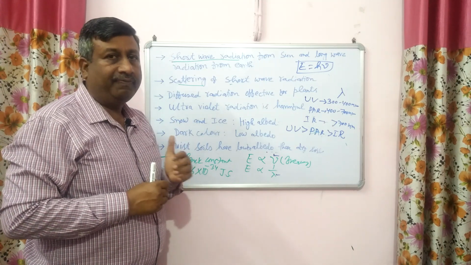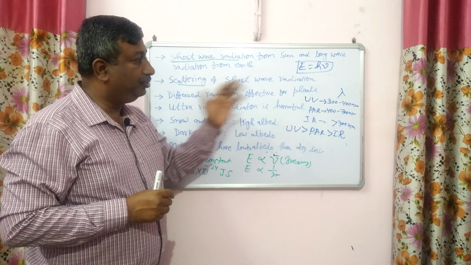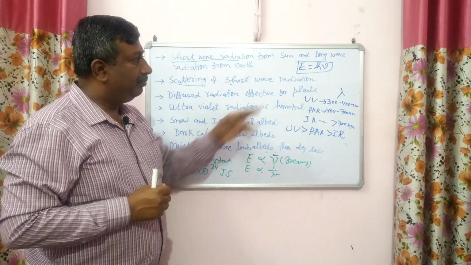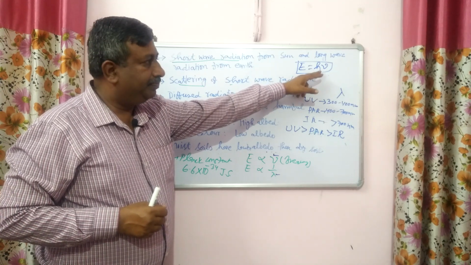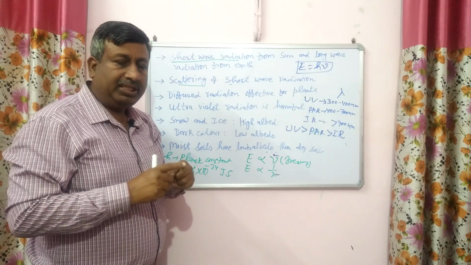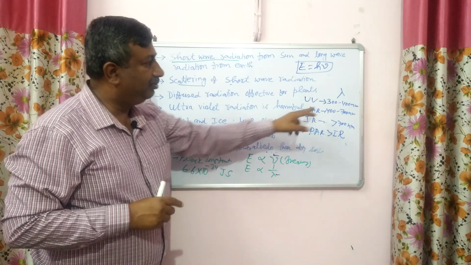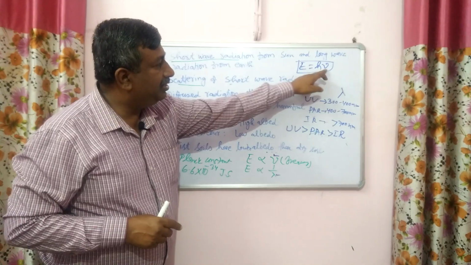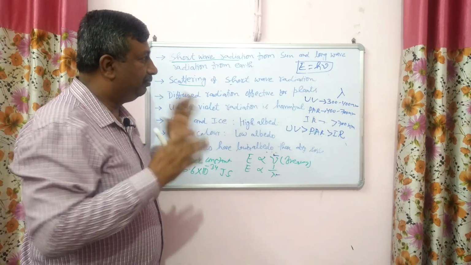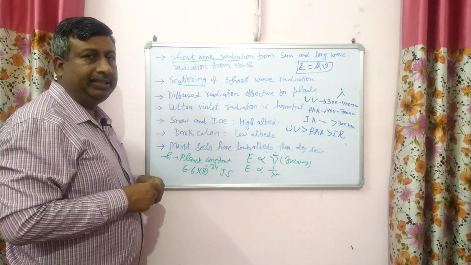Visible light is not harmful because energy is not so high, but UV light has more energy because of this formula. Frequency is very high for ultraviolet radiation, and we should know that frequency and wavelength are inversely related. Wavelength is low, frequency is high, and frequency is high, so energy is more. So because of this high energy, UV light is dangerous.